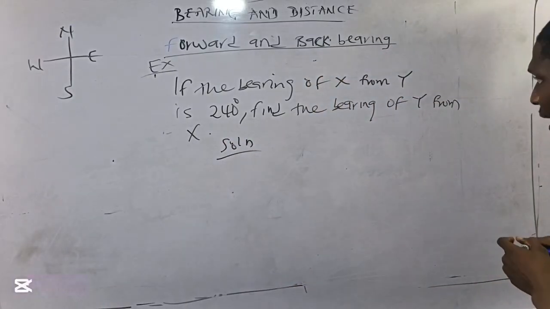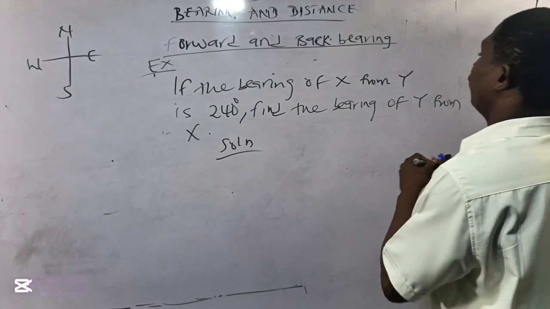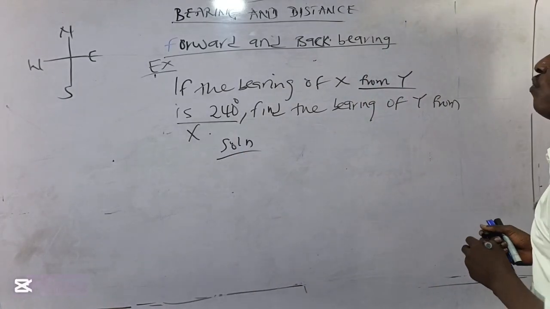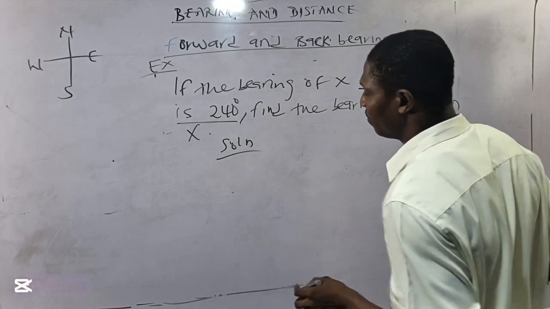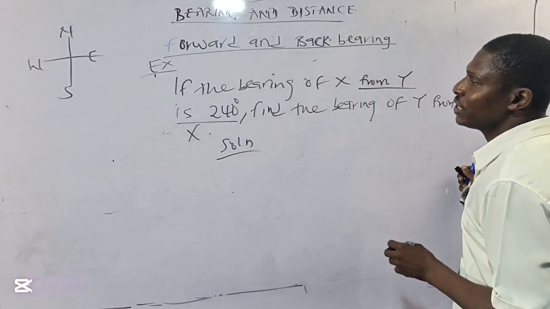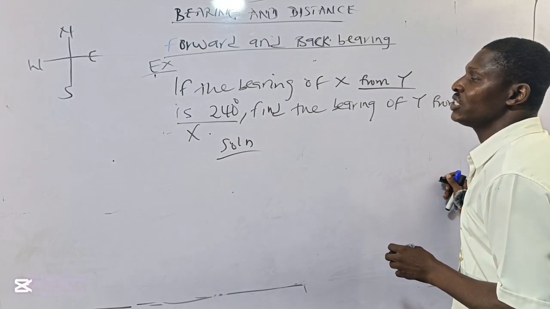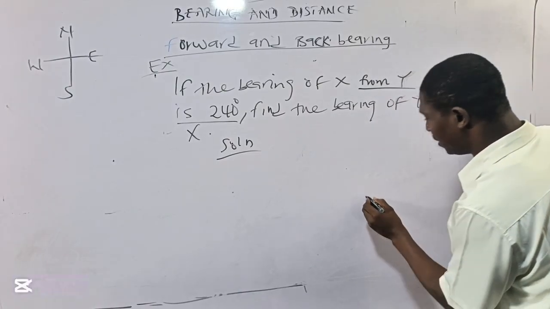Now, I'll treat it the basic way, then you should know the shortcut. From Y simply means the bearing of Y is 240 degrees. So Y has the bearing. And 240 is between which quadrant? Southwest. So we can have something like this.